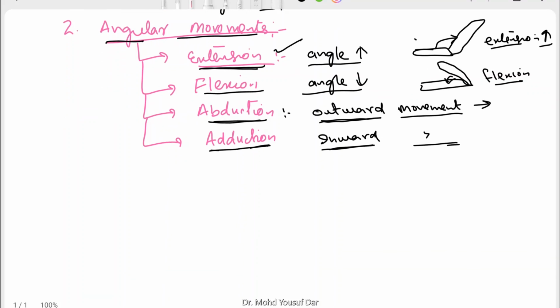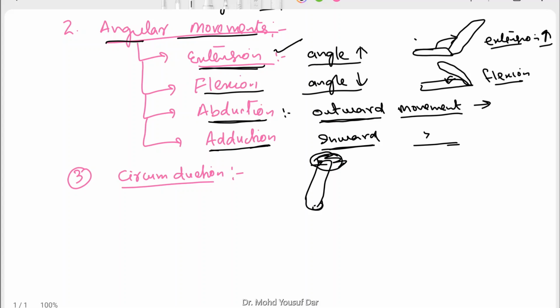And now we have the third movement, that is known as circumduction. In circumduction, what happens? Suppose this is a bone that articulates here with a cavity.